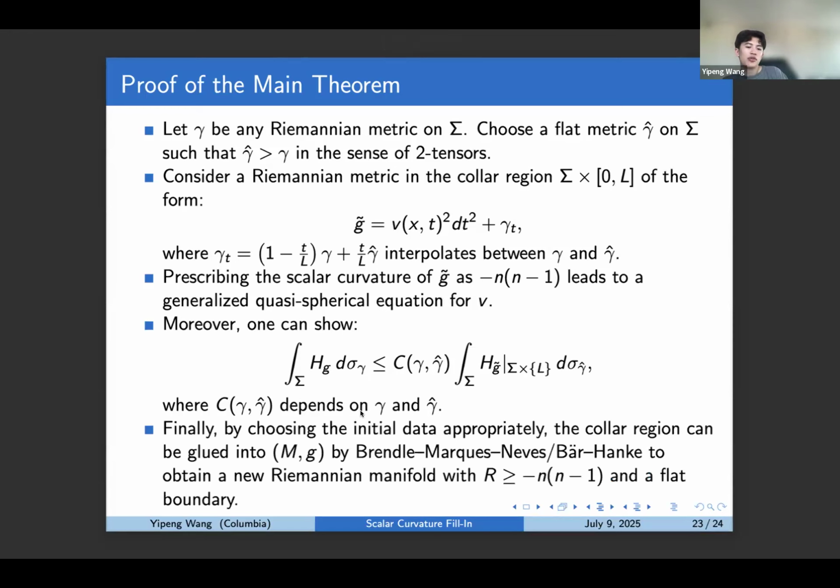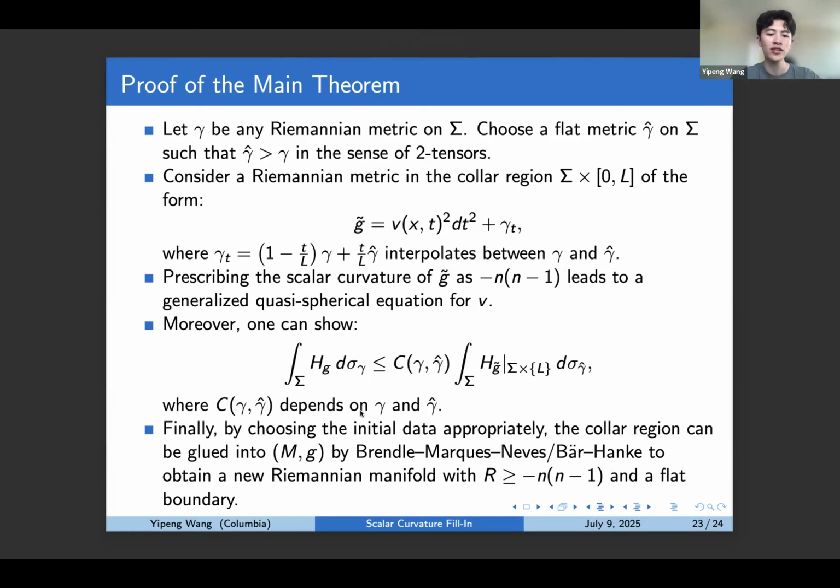Then if you choose your initial data appropriately, you can glue in this collar region to your original manifold. So originally, I just have a solid torus with a boundary metric I don't know, and then I glue in this collar region.